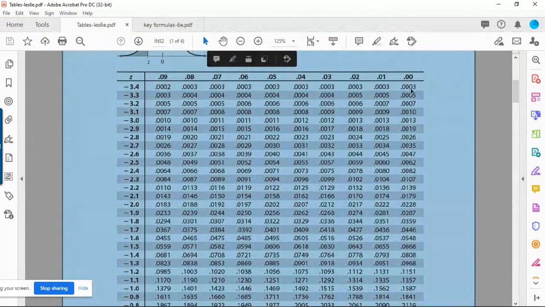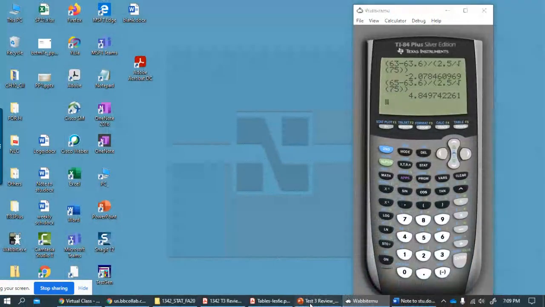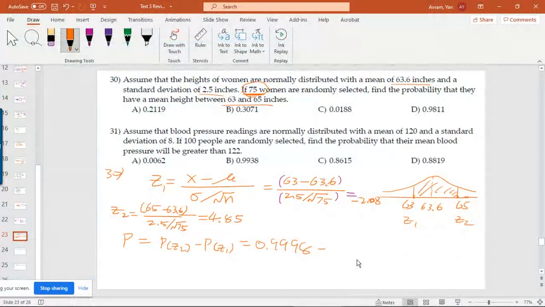So that's 0.0188. All right, if you do the calculation, this will give you 0.9811. So that will be this one right here. Okay, that is how you do this type of calculation.